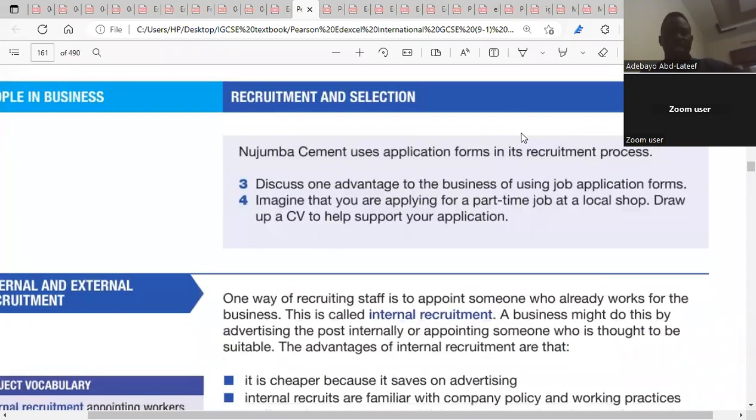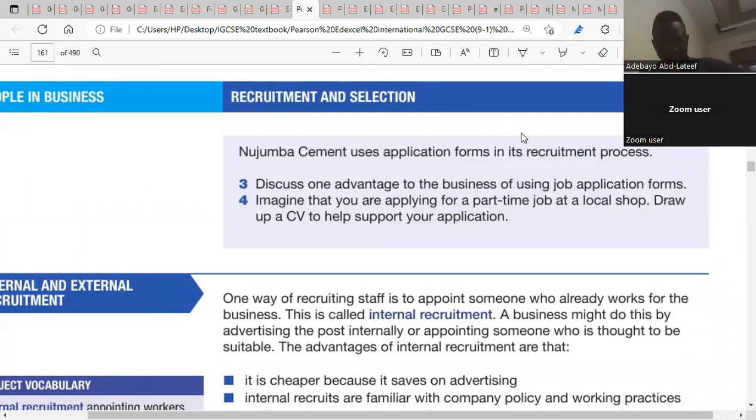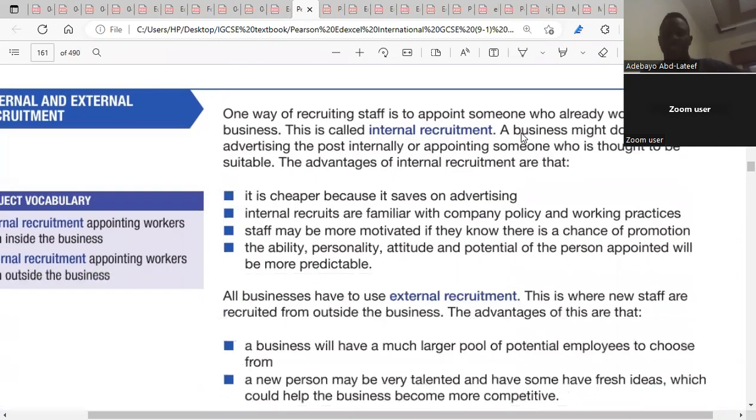So we go into external types of recruitment. I told you earlier we have internal recruitment and external recruitment, right? So for internal recruitment, it means you are employing workers within the organization. The advantages are: one, cheaper, because you don't have to advertise.